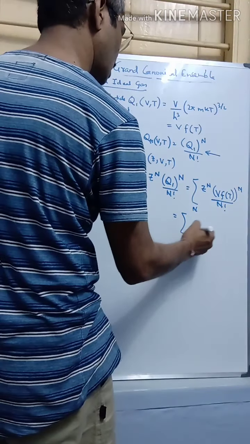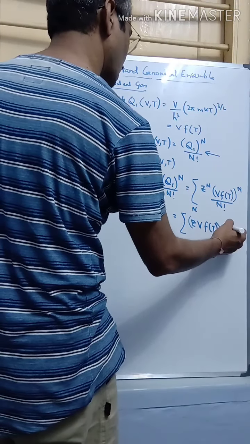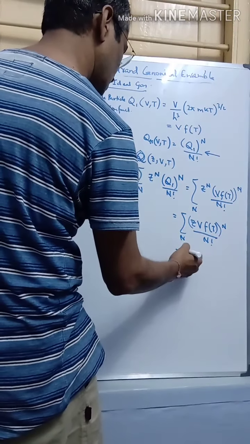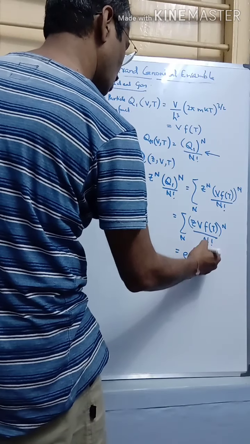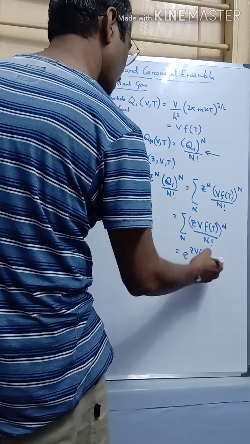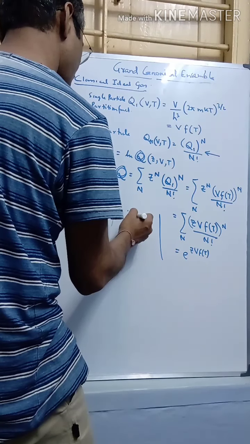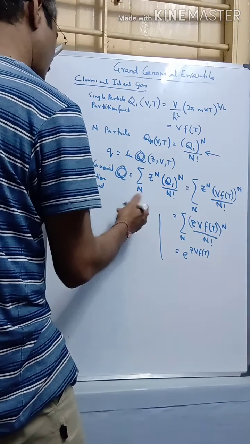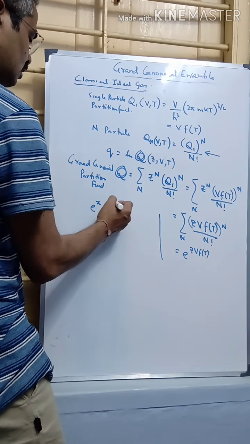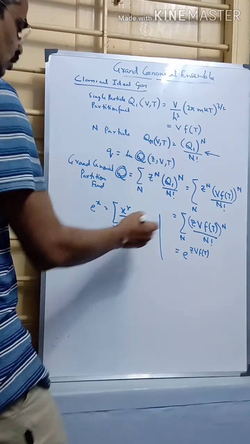So this is nothing but equal to z V f(T) whole to the power N by N factorial, summation over N, which can be written as exponential z V f(T), because as we know that e to the power x is summation of x to the power r by r factorial, summation over r.